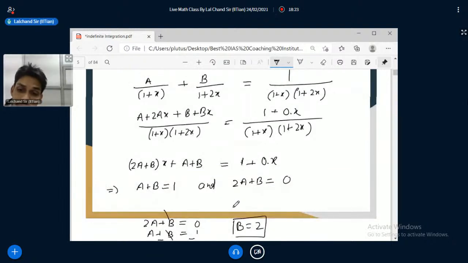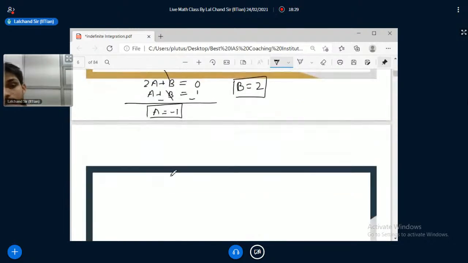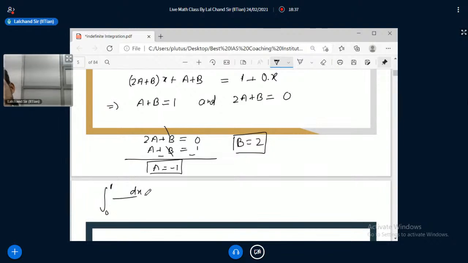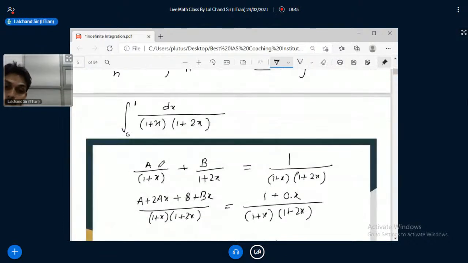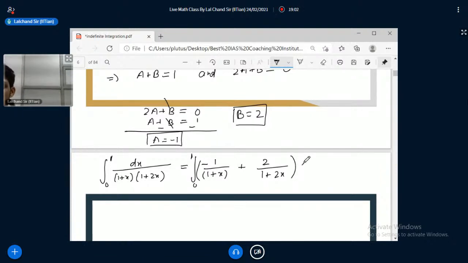Okay, now substituting the values of A and B in this partial fraction equation, I can write integral 0 to 1, dx upon 1 plus x, 1 plus 2x, equal to minus 1 upon 1 plus x plus 2 upon 1 plus 2x, integral 0 to 1, into dx.